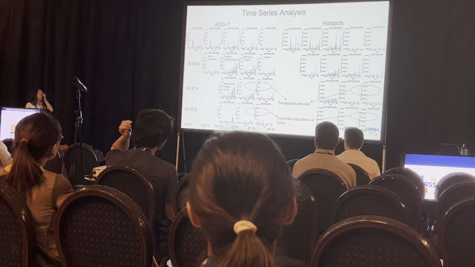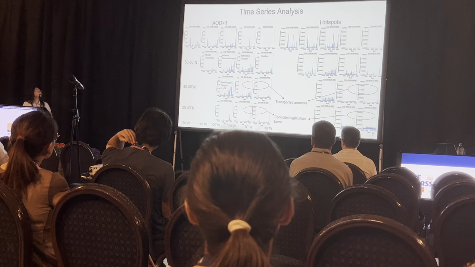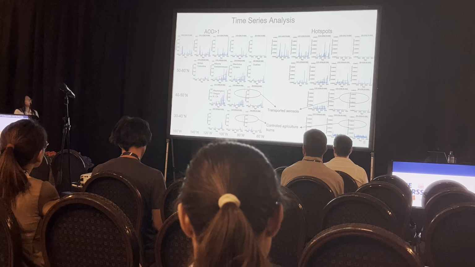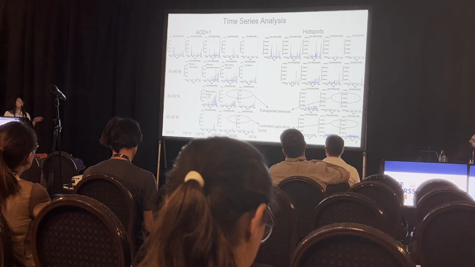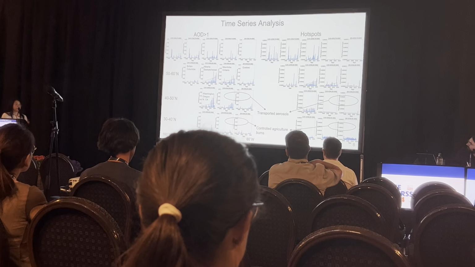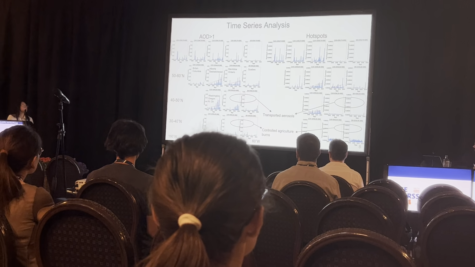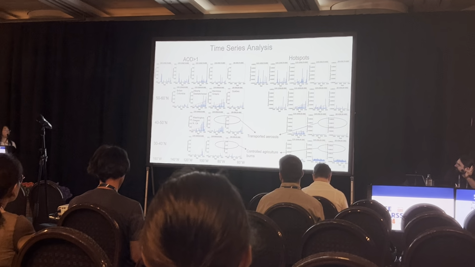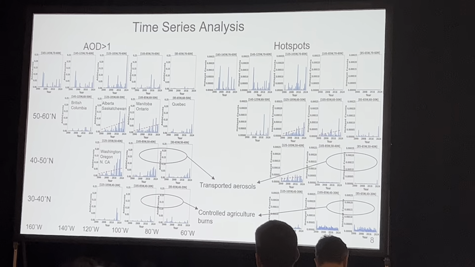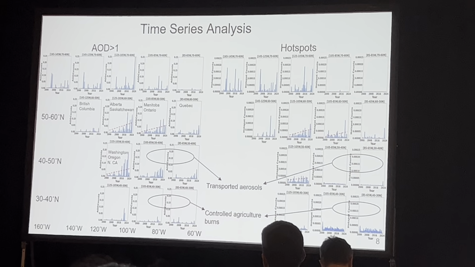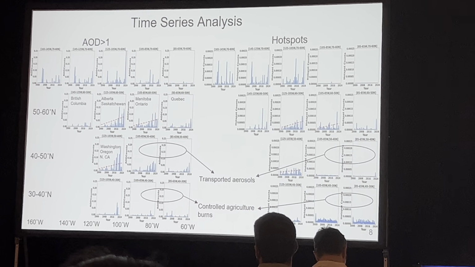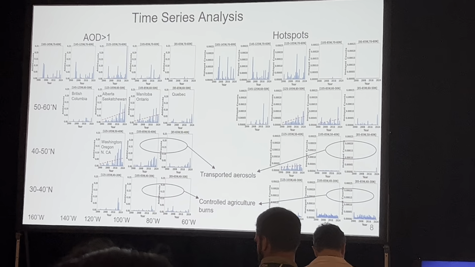The first thing we notice is that in the 50 to 60 degree latitudes in Western and Central Canada, as well as the 40 to 50 degree latitudes of the Northwestern US, we see an increasing trend of high AOD values, number of high AOD pixels, as well as the number of hotspot pixels in corresponding regions. That indicates that there are more frequent fires in those regions.